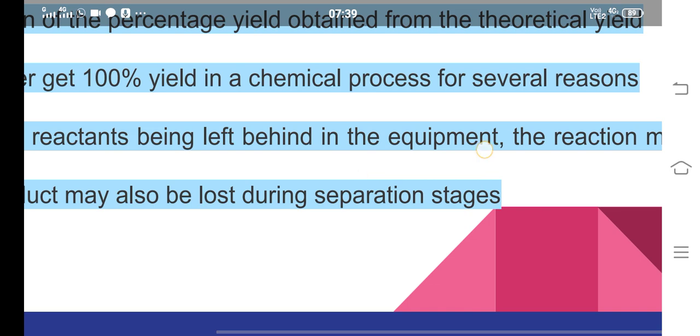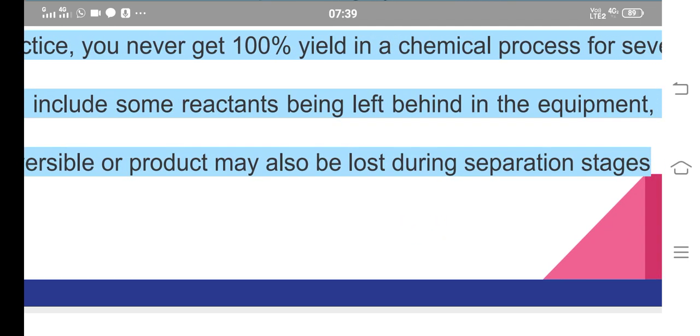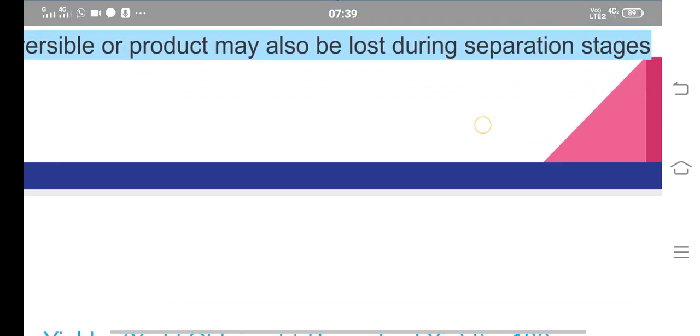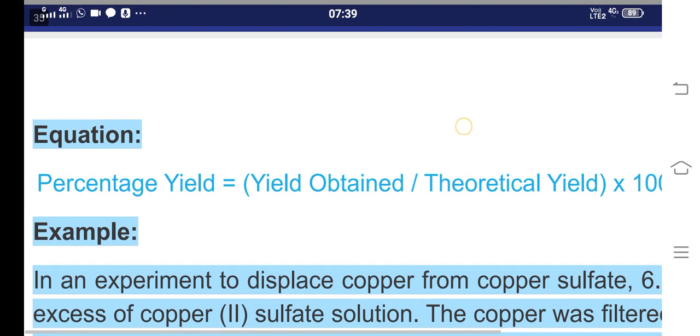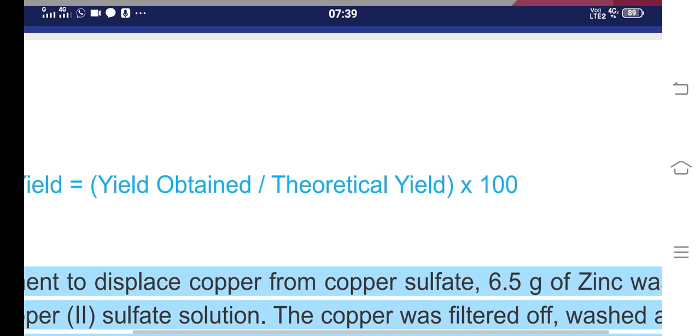The reaction may be reversible, or product may also be lost during separation stages. Now the equation to get the percentage yield: percentage yield equals yield obtained divided by theoretical yield multiplied by 100.